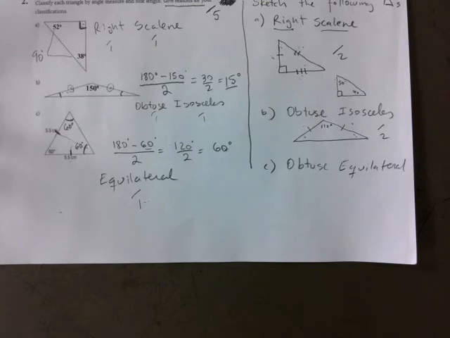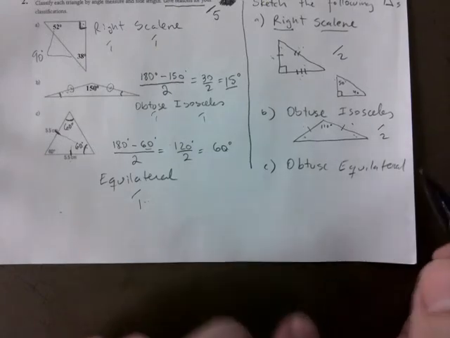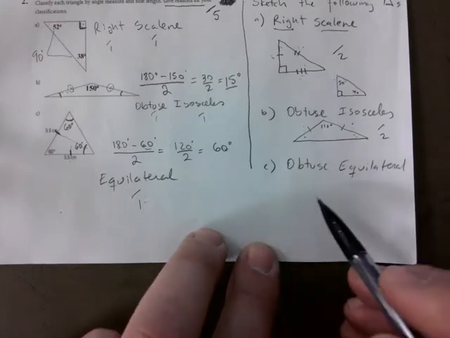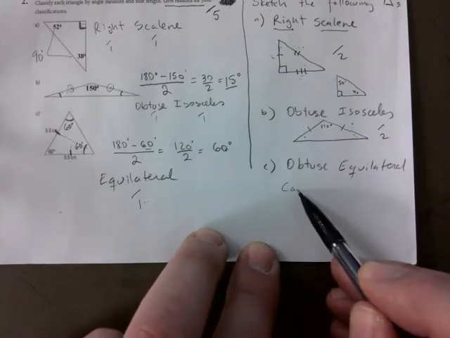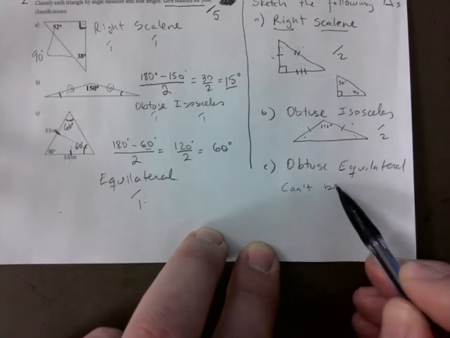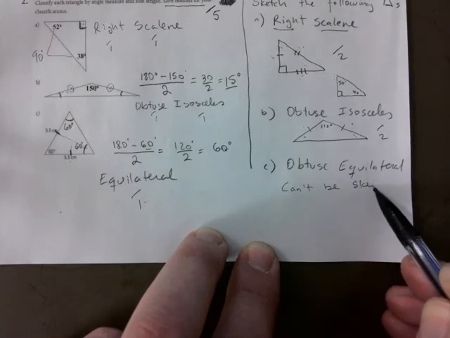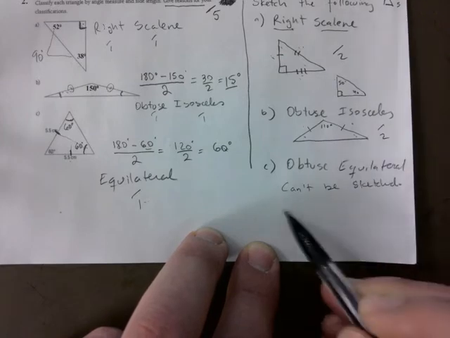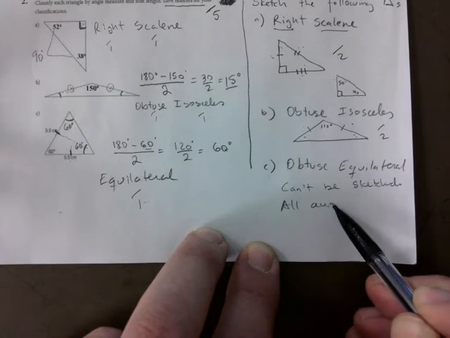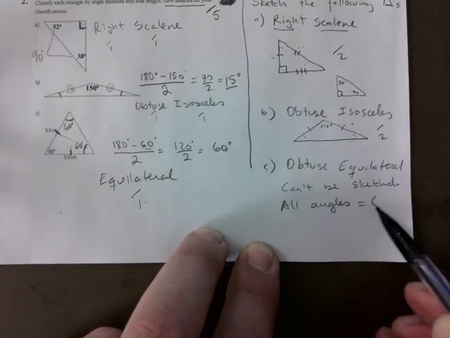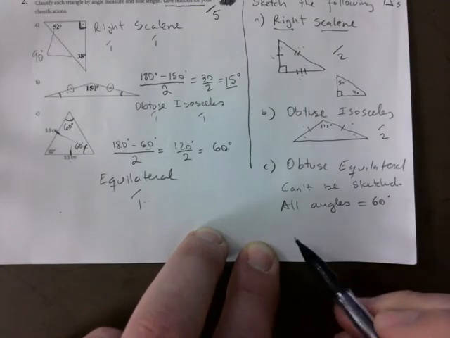And the last one, I just wanted to have a little fun with you. There is no such thing as an obtuse equilateral. Can't be sketched. All angles are equal to 60 degrees, right?